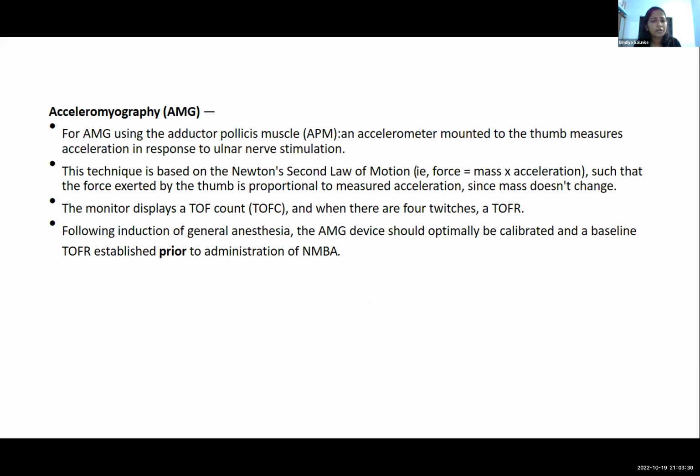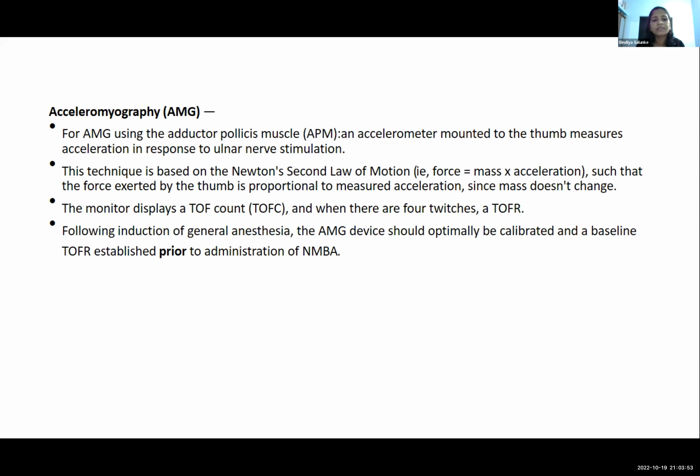Acceleromyography. For acceleromyography, using the adductor pollicis muscle, an accelerometer made of piezoelectric material, mounted on the thumb, measures the acceleration in response to the ulnar nerve stimuli. This technique is based on Newton's second law, with force equal to mass times acceleration. So mass is constant, and the force is equivalent to acceleration here.